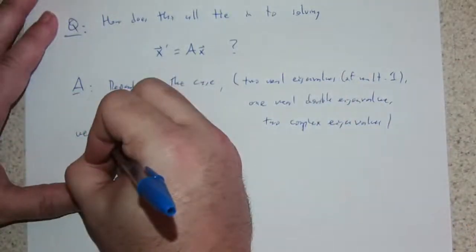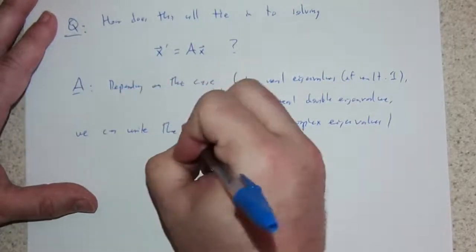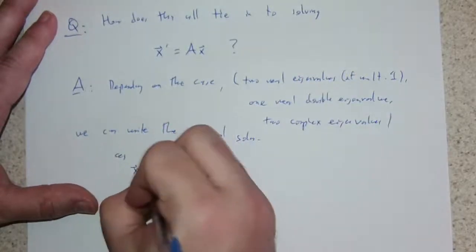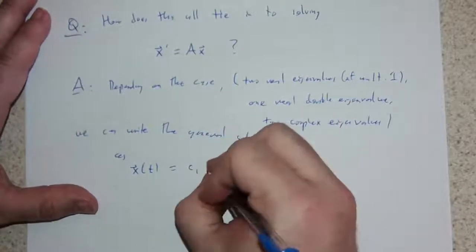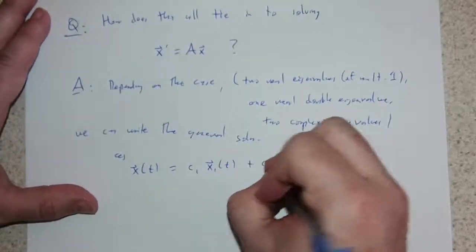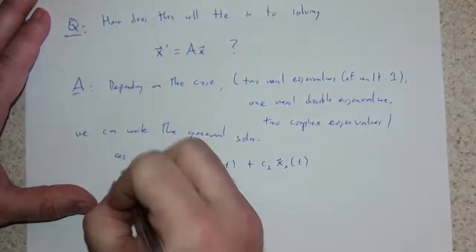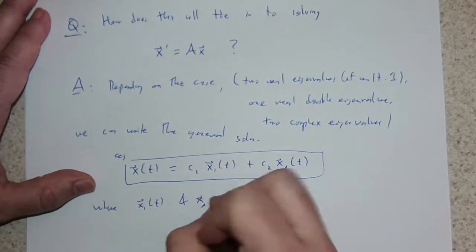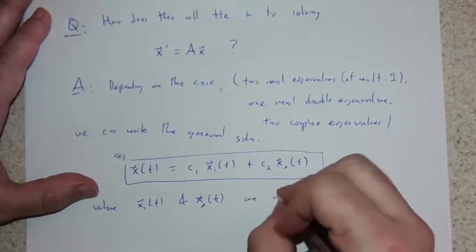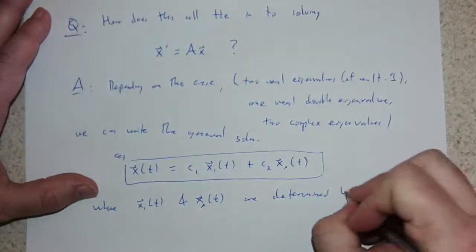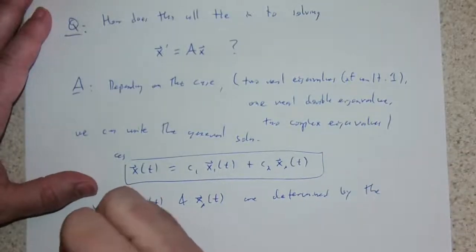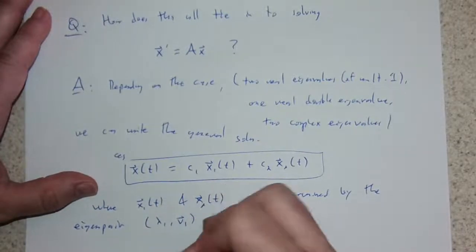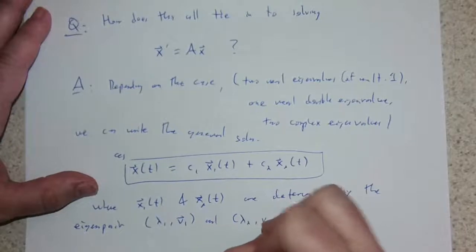We can write the general solution as x of t equals c1 x1 of t plus c2 x2 of t, where x1 of t and x2 of t are determined by the eigenpairs (lambda 1, v1) and (lambda 2, v2).